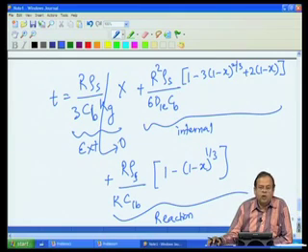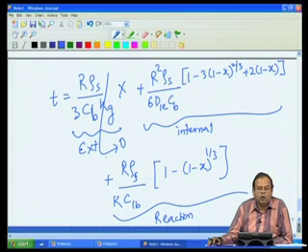Now we have to examine, for the data that is given to us, two particle sizes and, in 1 hour, the conversion for these two different sizes. So, we have to find out whether internal transfer controls or reaction controls.